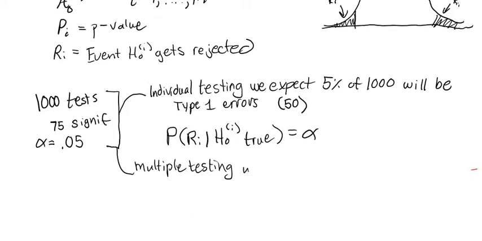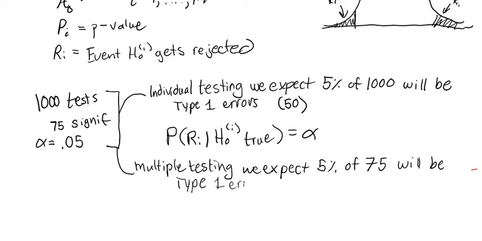So instead, we expect 5% of 75 will be type 1 errors, or roughly 3.75. So of those 75 results that we would get with multiple hypothesis testing, we'd expect only 4 of them to be garbage or not actual true significant differences.